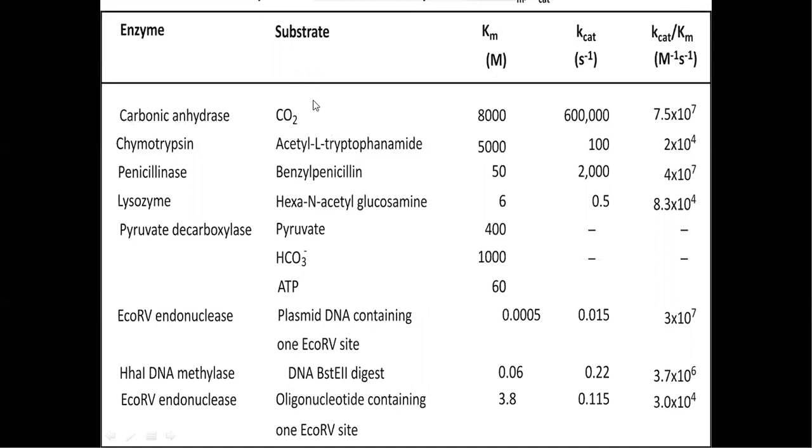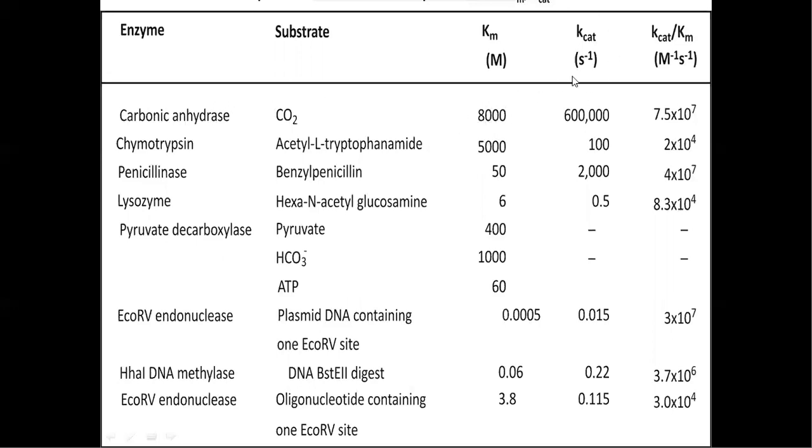The minimum effective concentration of carbon dioxide must be 8,000 millimoles. If it is 7,500 millimoles, it cannot produce any products, as that is less than the Km value. So this is the minimum value required to form products.